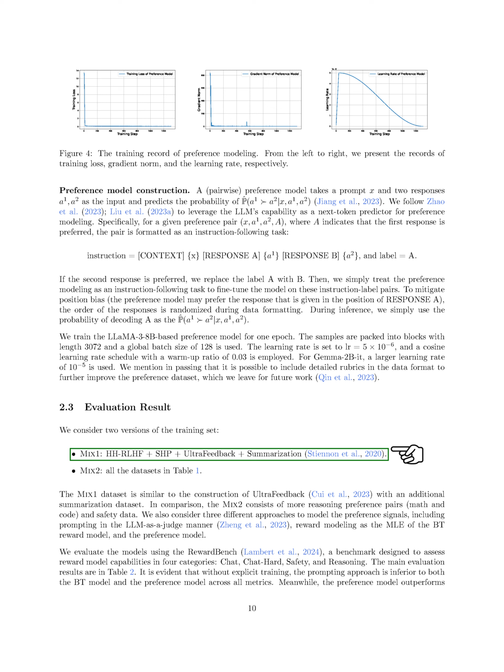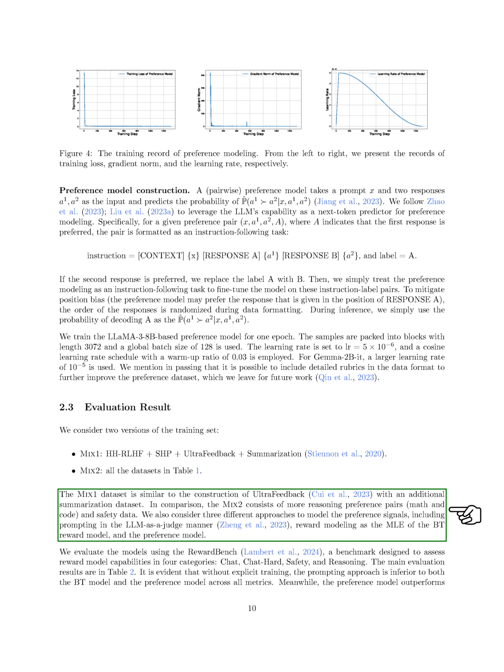MIX1 is similar to UltraFeedback but with an additional summarization dataset, whereas MIX2 contains more reasoning preference pairs, math and code, and safety data. We explore three different approaches to model preference signals: prompting in the LLM-as-a-judge manner, reward modeling as the MLE of the BT reward model, and the preference model.